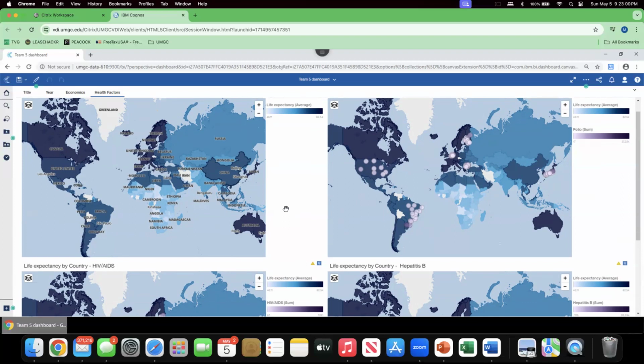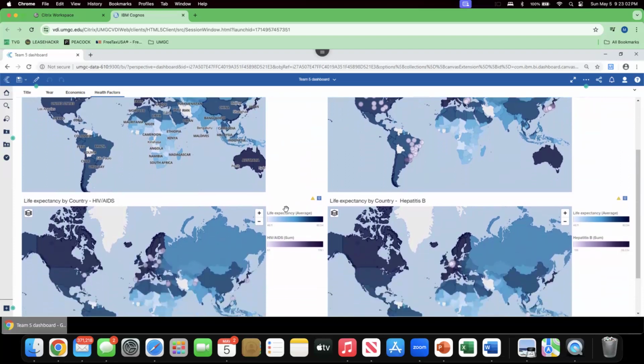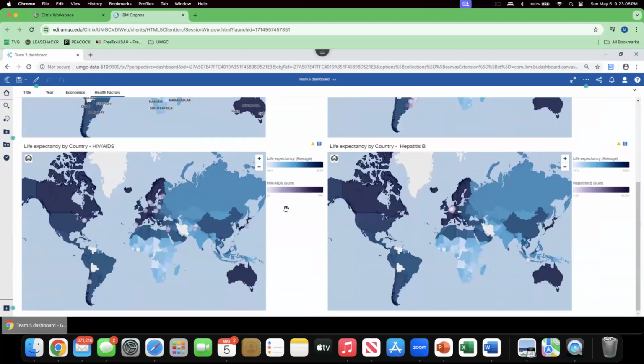And then the importance of preventative healthcare and education, and providing the ability for people, especially when we come down here to HIV/AIDS, which is really spread throughout, but there's a significant increase in life expectancy.